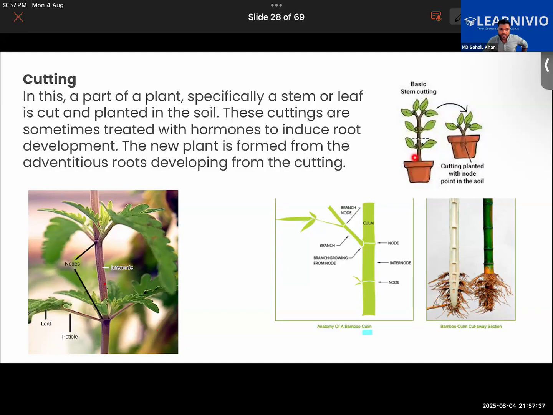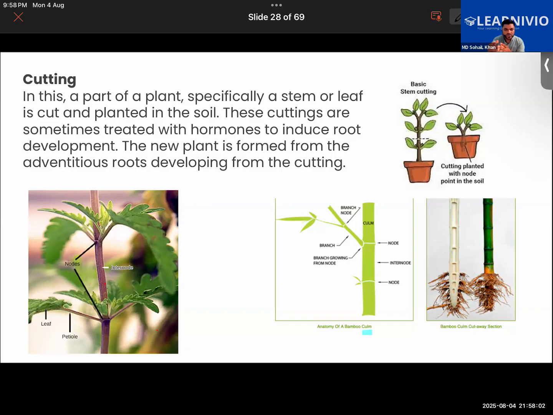You can say special nutrients, or particularly hormones, are chemical substances that trigger growth. Just like there are hormones inside the human body and for animals, there are hormones for the plants also.